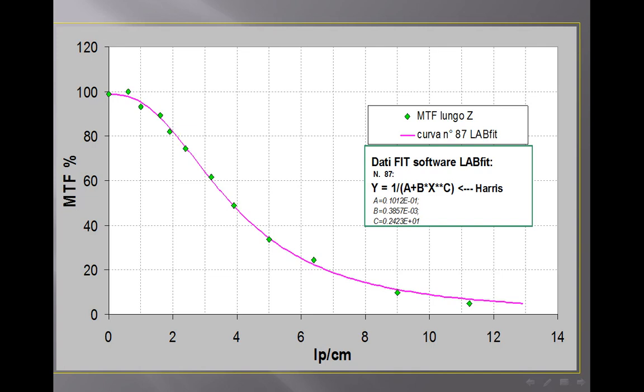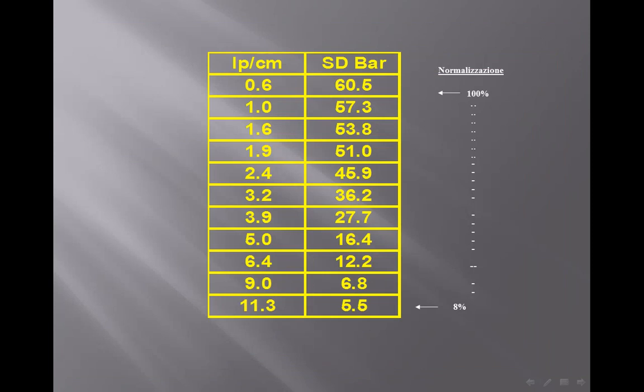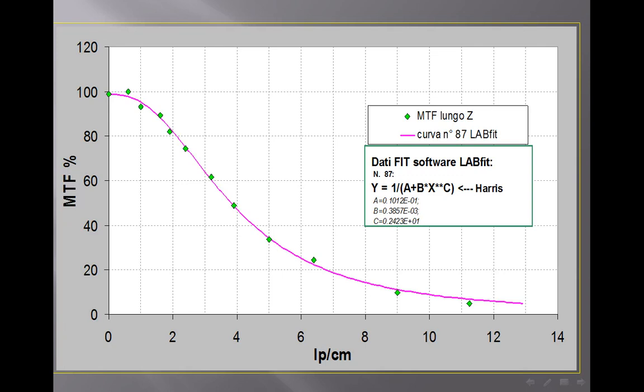After that, I will make a relation between line pairs per centimeter and MTF percentage. The highest one is 100%, because 60.5 divided by 60.5 is 1, times 100 equals 100%, and you will find a decline in the curve with increasing line pairs per centimeter. This is the theoretical basis of MTF, the modulation transfer function.